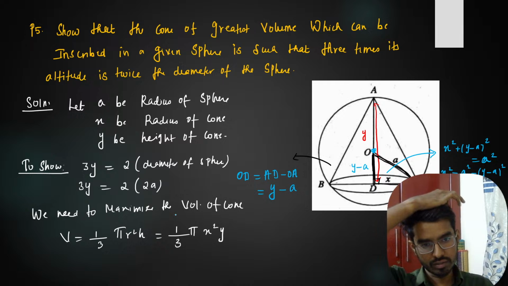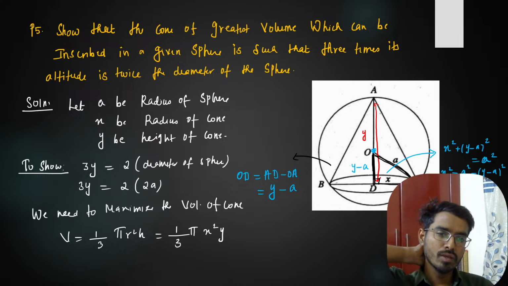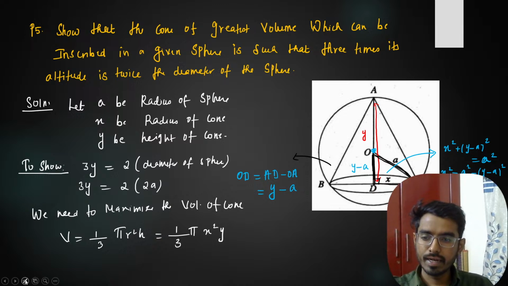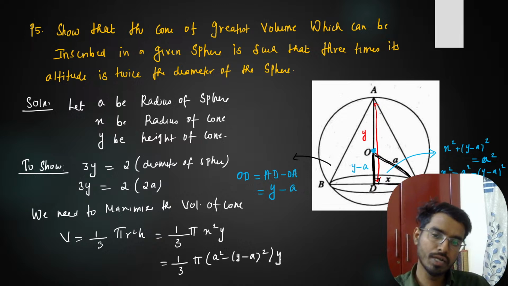So I can write this as 1 by 3 pi times (a square minus (y minus a) whole square) into y.